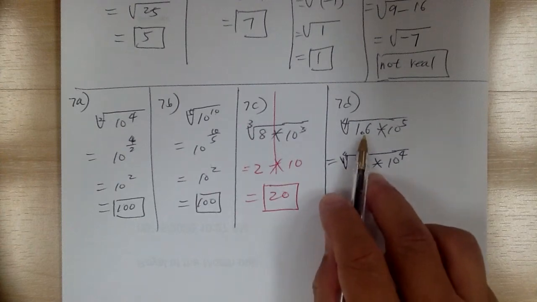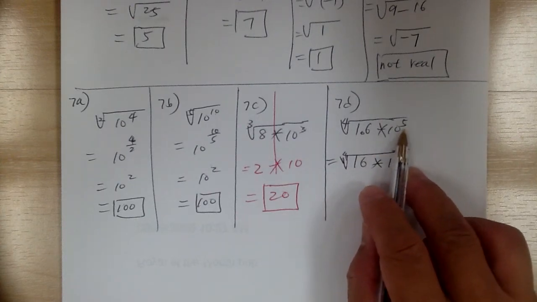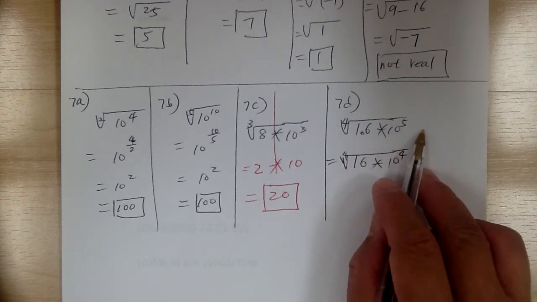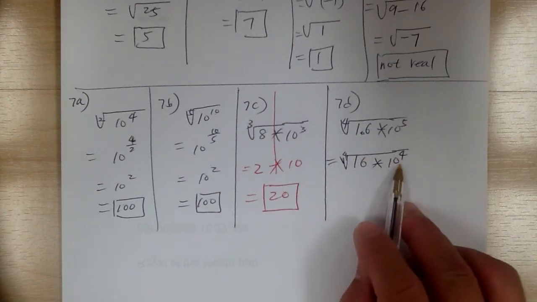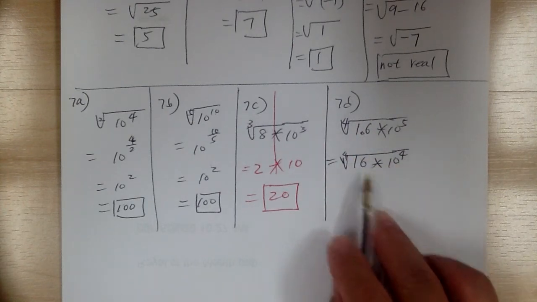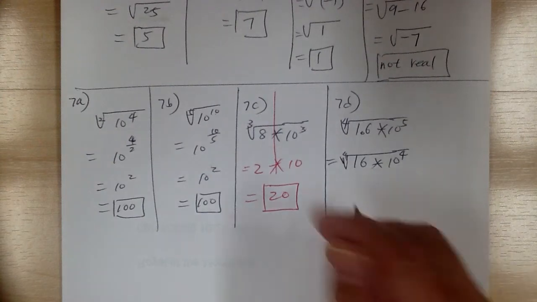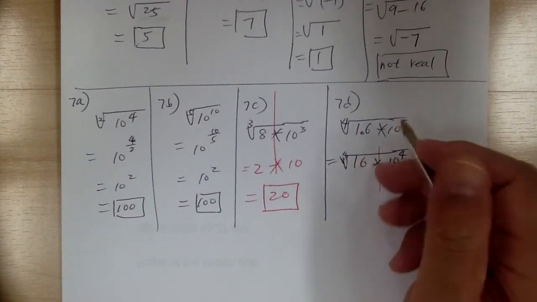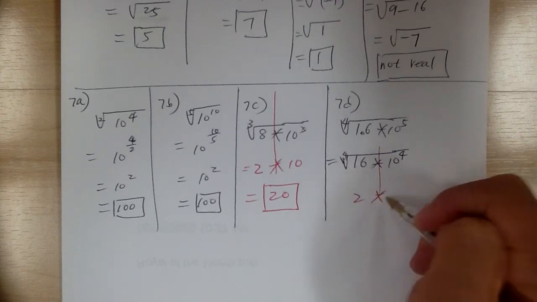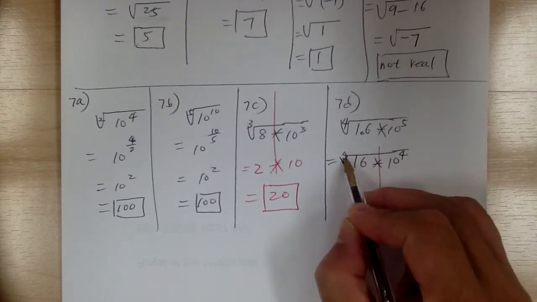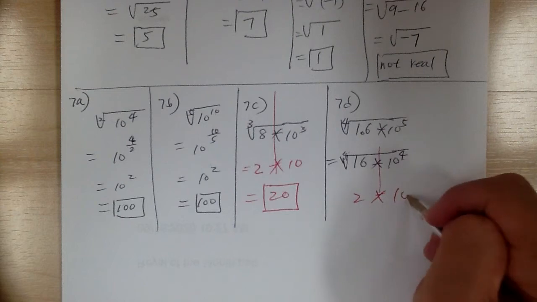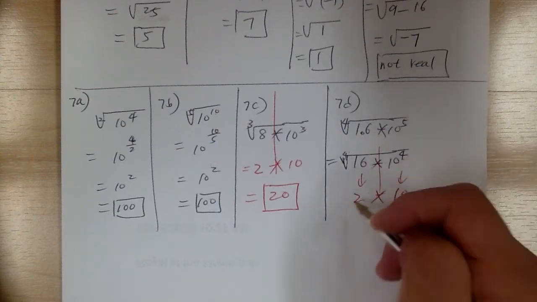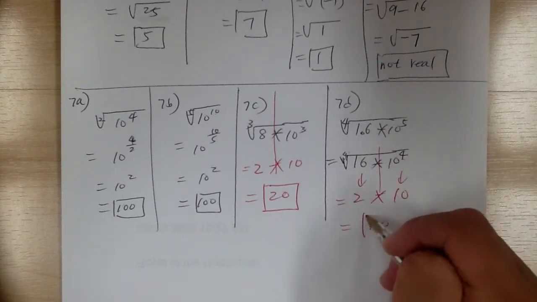So with 1.6 times 10 to the 5, move one of the 10s into here so that you end up with a 4. Now you can use the technique from before and chop it up. The fourth root of 16 will give you 2, and for 10 to the 4, the fourth root, the 4s will cancel out, so this becomes 10. And so this will equal 20.